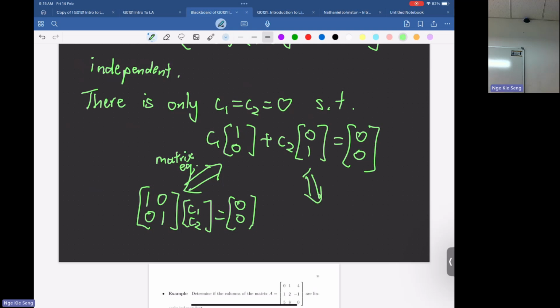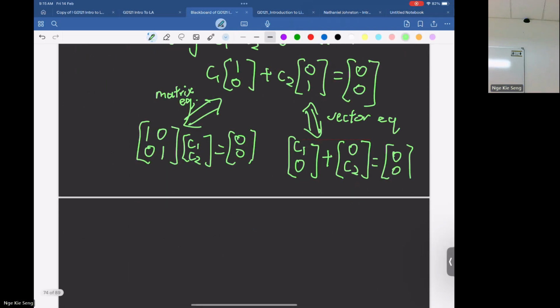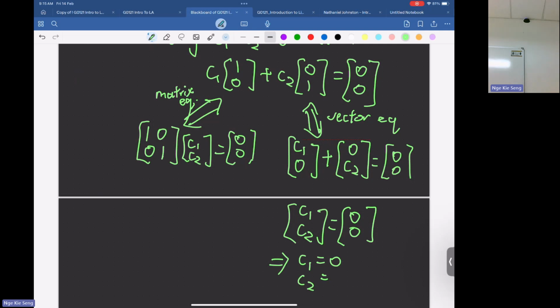If you want to see it as a vector equation, you get C1 times (1, 0) plus C2 times (0, 1) equals 0. Remember, when you take a scalar multiple of a vector, you apply the scalar to every term in the vector. From this vector equation, you get (C1, C2) equals (0, 0), so you straight away get your answer, because for this to hold, you must have C1 equals 0 and C2 equals 0.